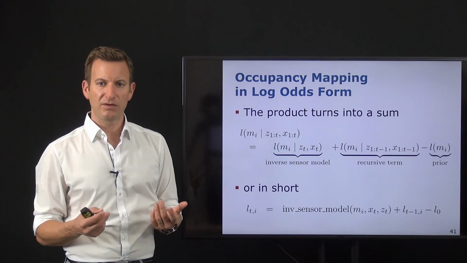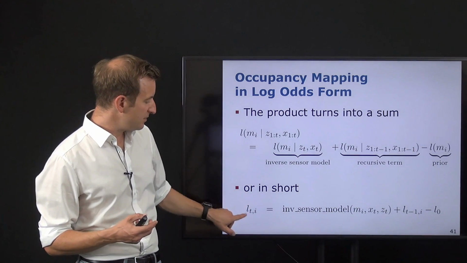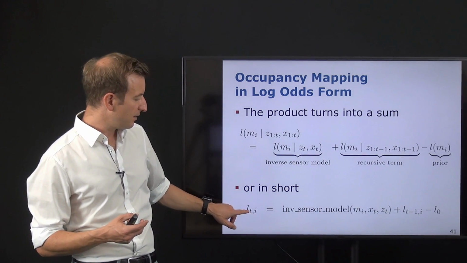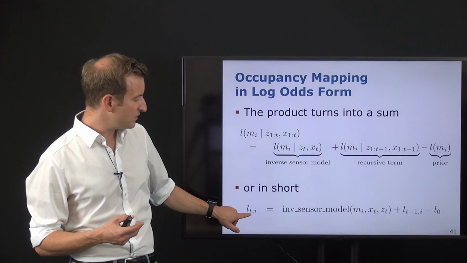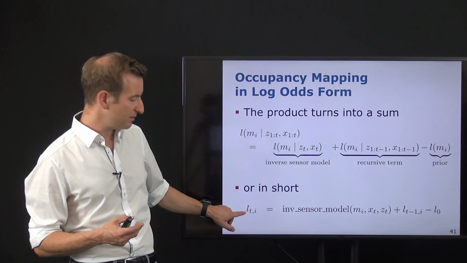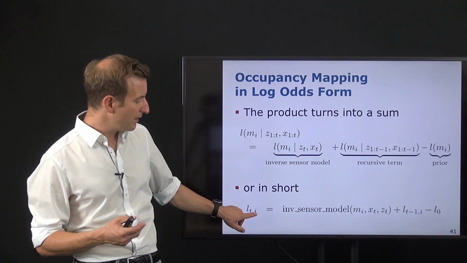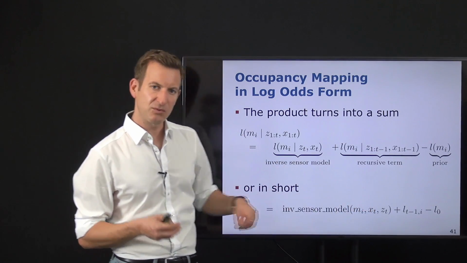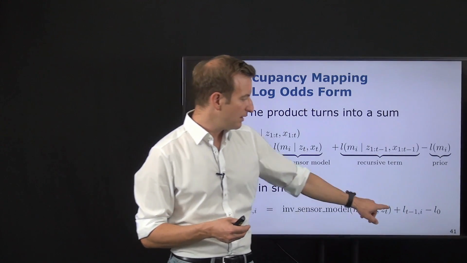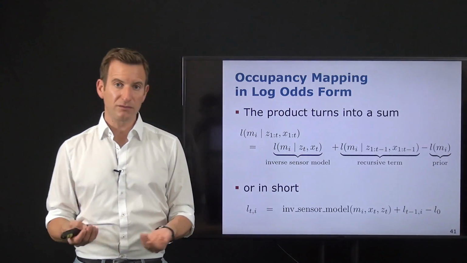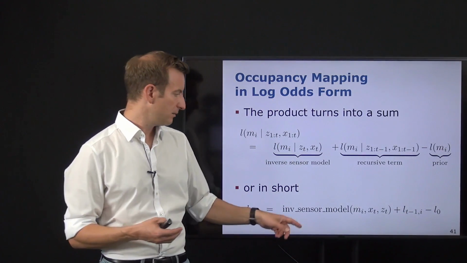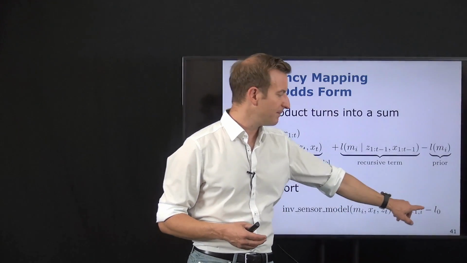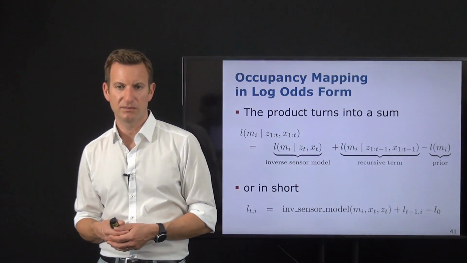So in very short, this is the new state of cell i at time t. L_t,i refers to my inverse sensor model, so something which depends on what I'm seeing right now, plus the old value that it had, so the value at the previous point in time, minus my prior information.